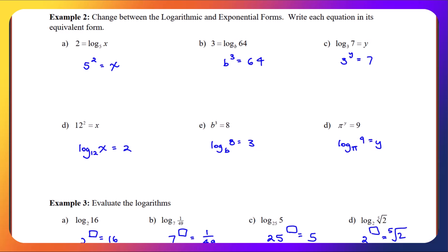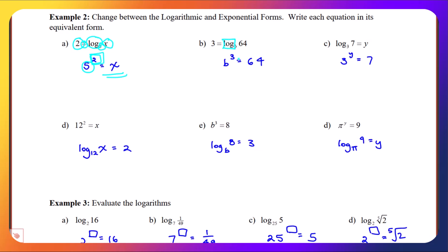So let's see if this way of reading it helps us. So the exponent of 5 that gives us x is 2. And so 2 goes in the exponent position.